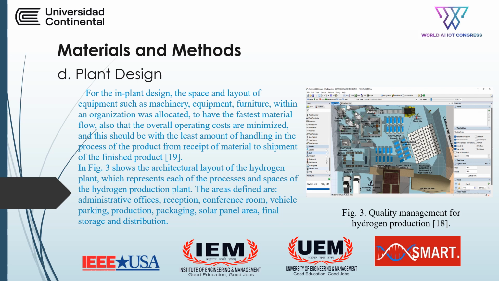Materials and methods, about the plant design. This is the plan, the layout for the plant design, where equipment such as machinery, equipment, and furniture within an organization is allocated to have the fastest material flow, and overall operating cost is minimized.